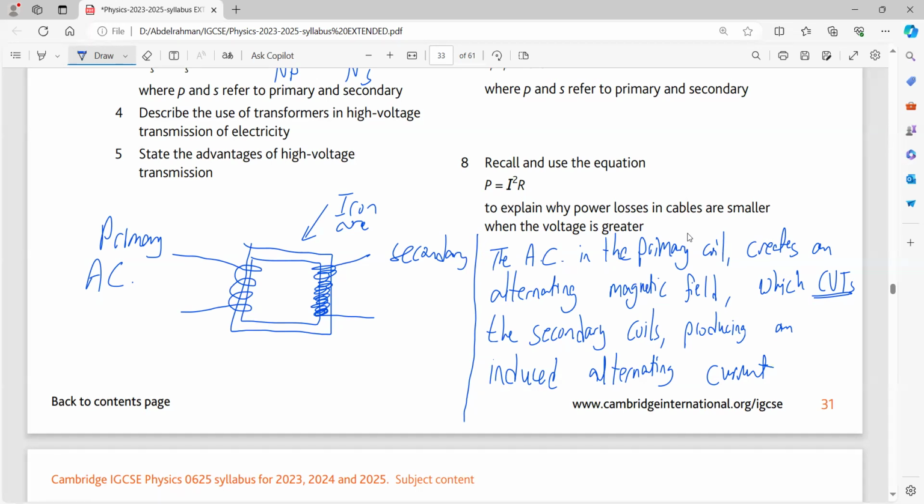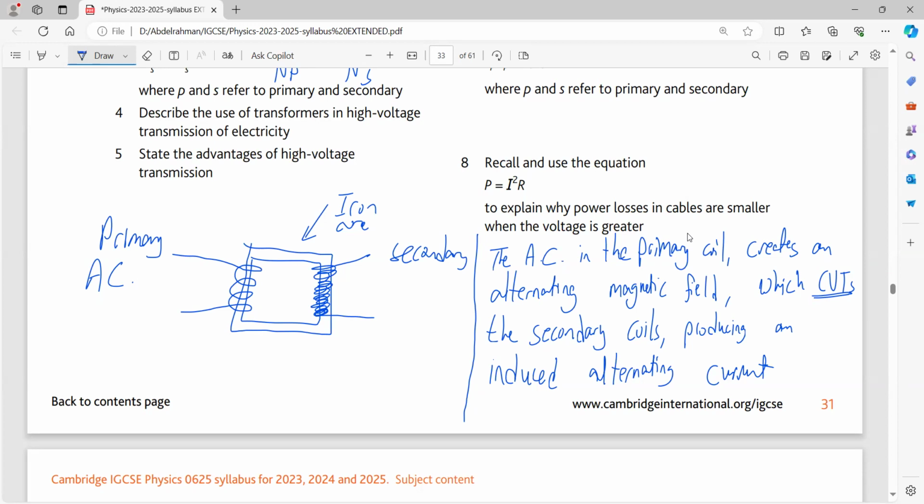What happens if we use a DC input? It will produce a current, but just for a split second, and then it will go back to zero. Why? Because the DC current does not produce an alternating magnetic field. It will produce a magnetic field, but this magnetic field is constant.